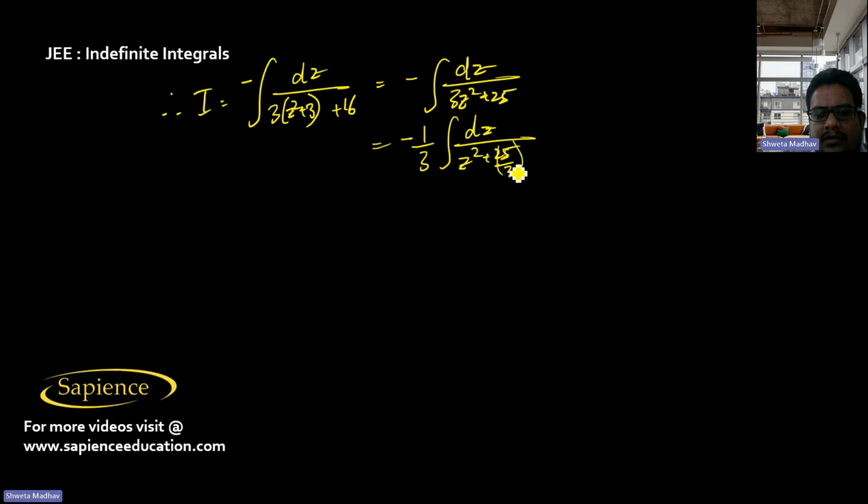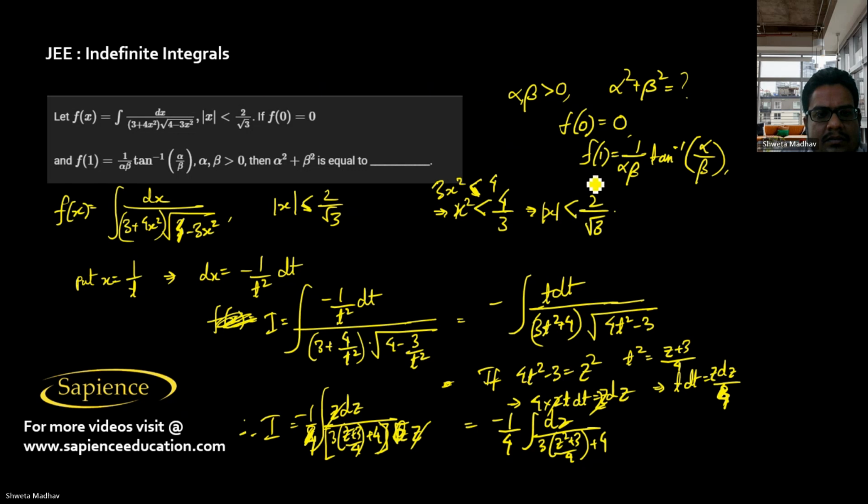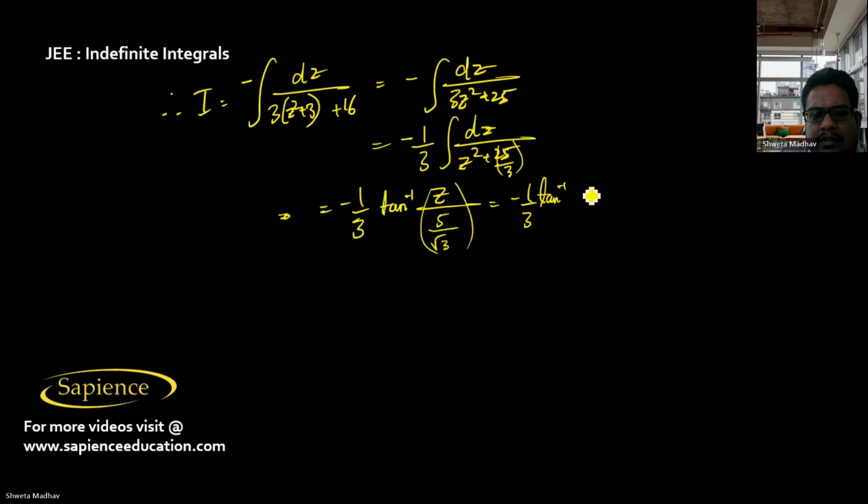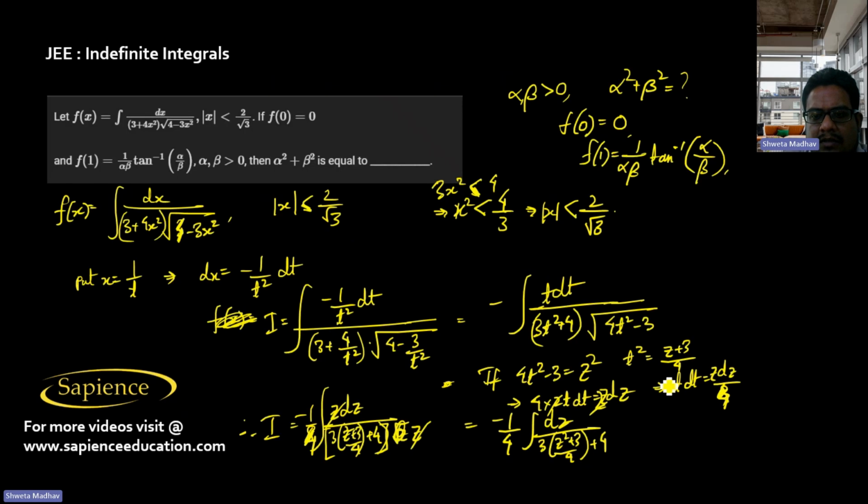So this is (5 by root 3) whole square. So this will be equal to minus 1 by 3 tan inverse of z by (5 by root 3). Hence it is root 3 z by 5. So it is minus 1 by 3 tan inverse of root 3 z by 5. Now z is actually root over (4t square minus 3).